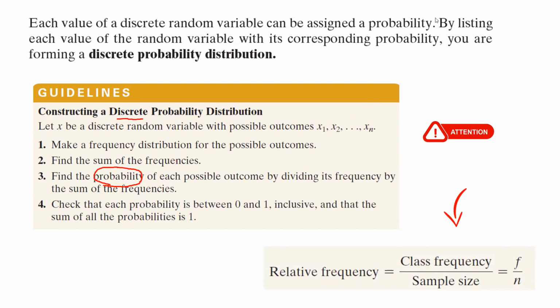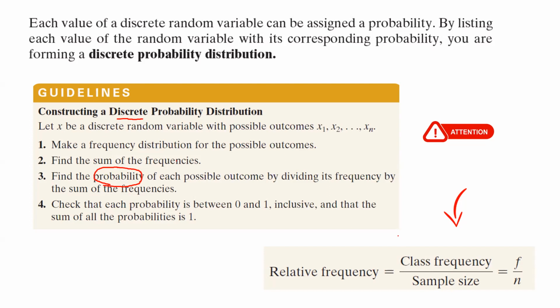Probability distribution for a discrete random variable is basically the same as relative frequency. For relative frequency, you had a class frequency divided by the sample size, or f divided by n. Now, for each x value in a discrete random variable, you have some frequencies, and then you're going to take that frequency and divide it by the sum of all frequencies.